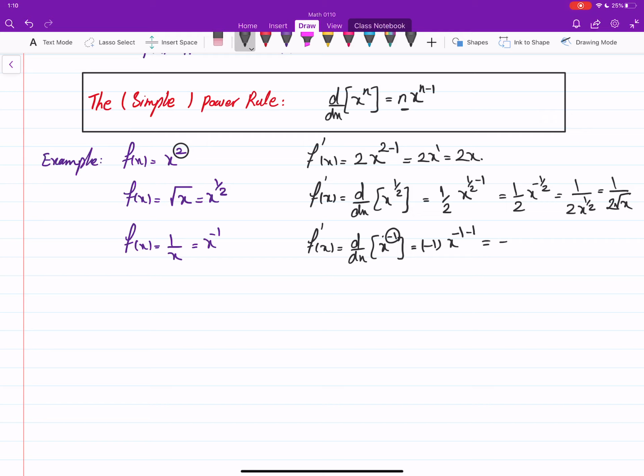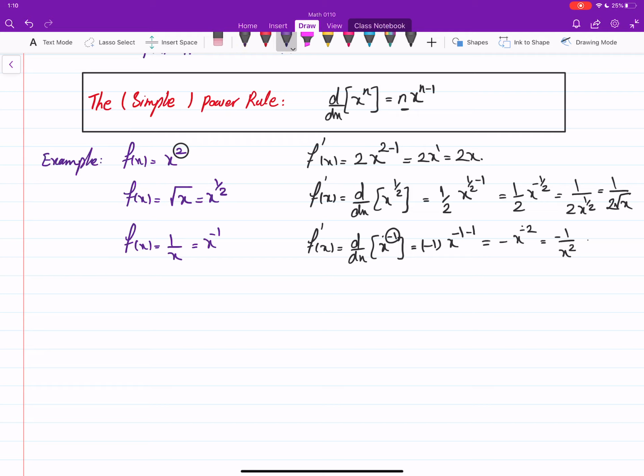This is negative x to the power negative 2. We can take that downstairs and get rid of the negative sign in the power. That's it: negative 1 over x to the power 2.